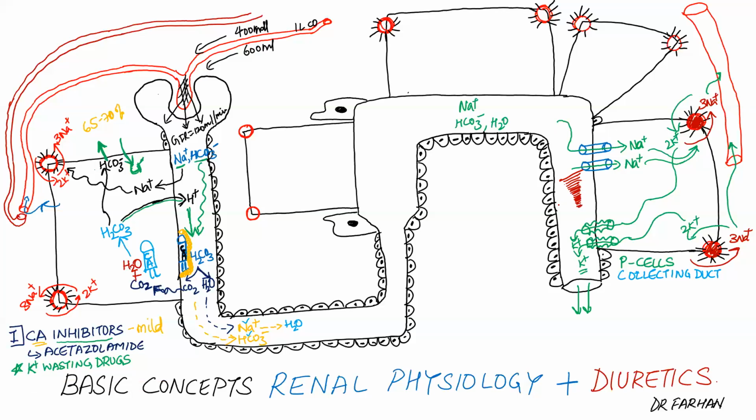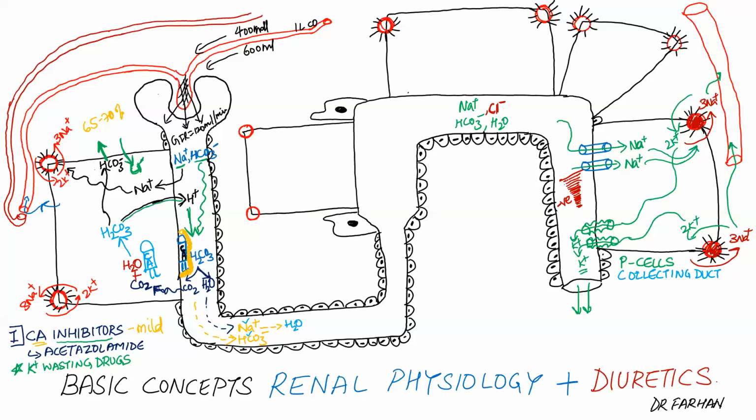Apart from this area being highly electronegative, the factor that adds on to it is that there is some amount of chloride also which is getting excreted and coming into this area. So that will add on to the electronegativity.